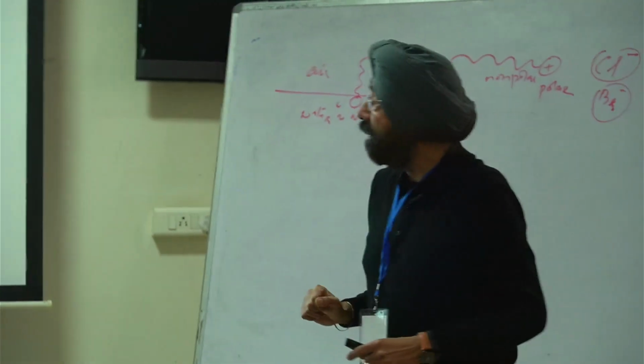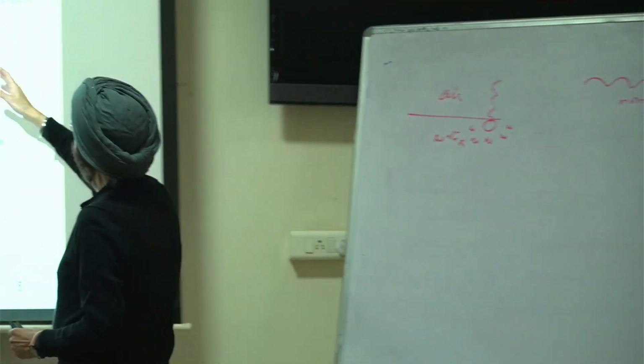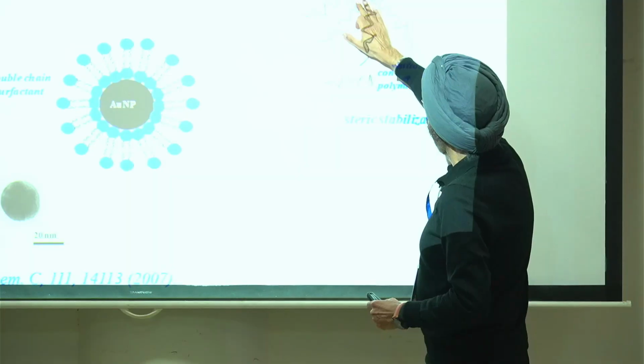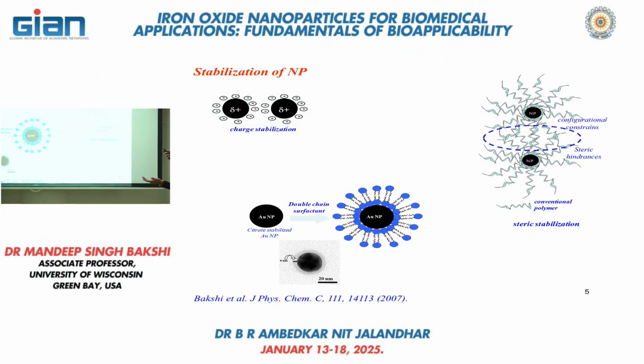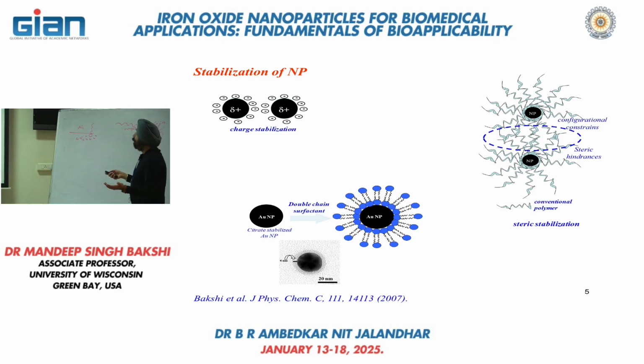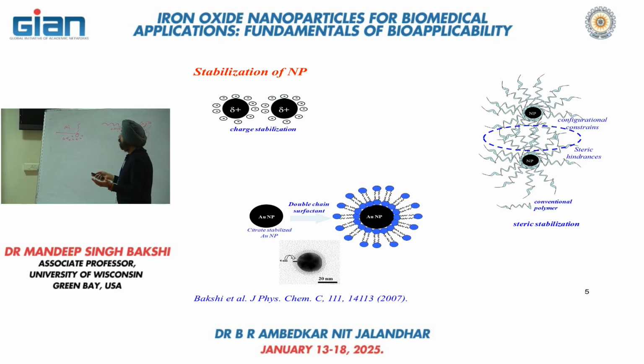But that polymer certainly can absorb on the surface of the nanoparticle, right? And in this way, if all the nanoparticles are coated with surface absorbed polymer, then the steric hindrances or configurational constraints will not allow the nanoparticle fusion.